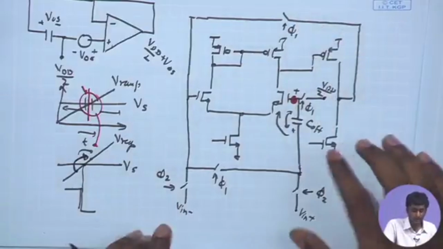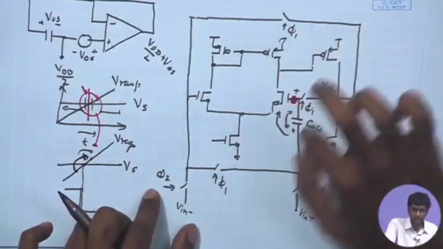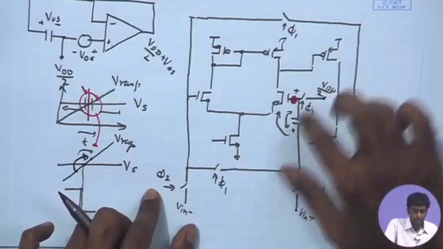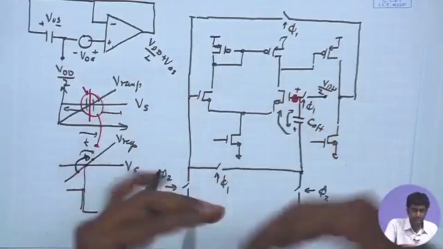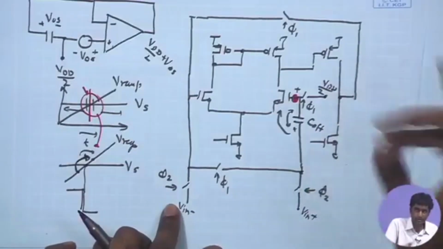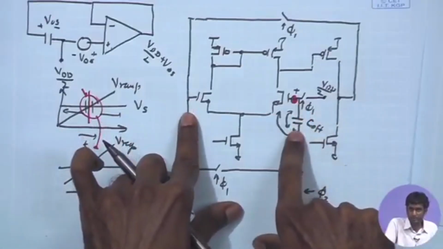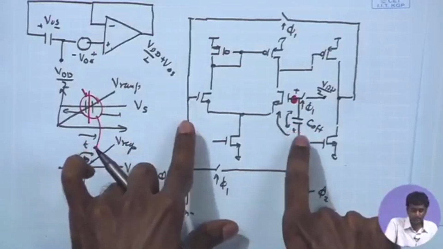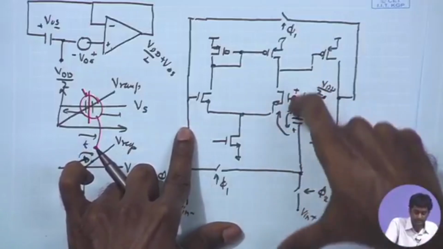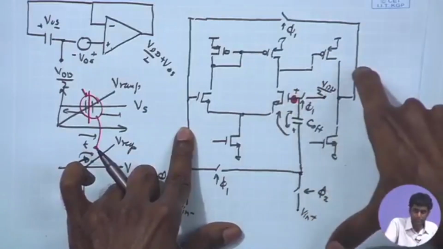What we are saying is this offset voltage stored across the C offset is going to take care of not only the mismatch of the first stage, but also the deviation of the DC bias point over here when both the inputs are close together, because when both the inputs are close together, we need this V in plus this voltage drop to make sure that the output is VDD by 2.